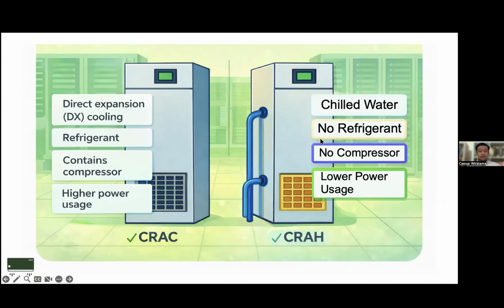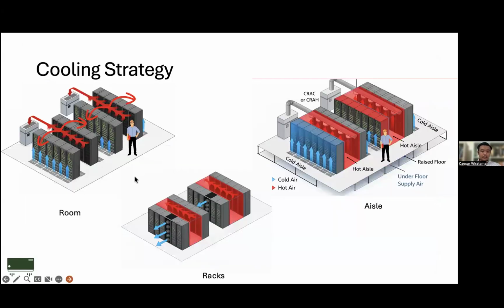We don't use refrigerant or a compressor, and it has lower power usage. Of course, it depends on your detailed system specification when to choose one of these. But basically, they are the same, just distributing the air and cooling it down. Just a different detailed system. We will not discuss this in detail today.